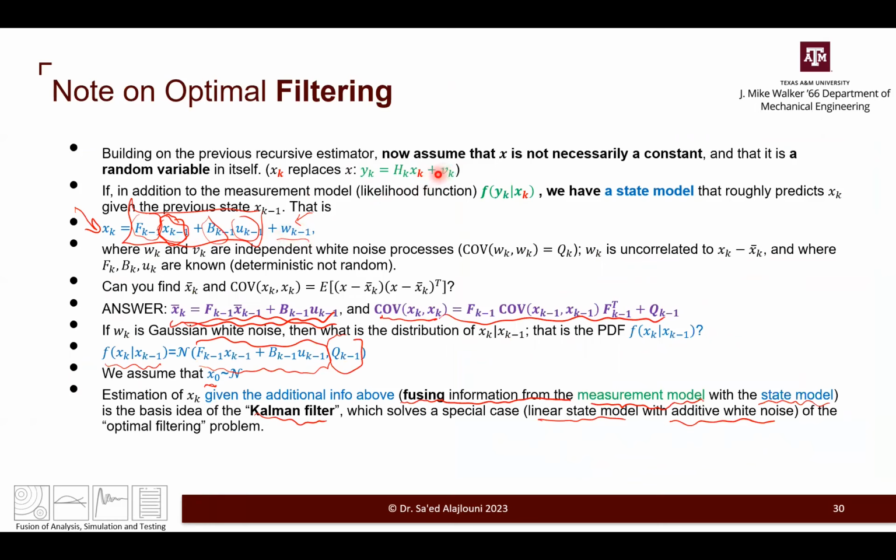The covariance of the noise in the state model, the disturbance W, is Q. So these are two of our parameters: we have R and we have Q. We also have F and B in the state model, and we have H. This is all the parameters needed to run our algorithm.